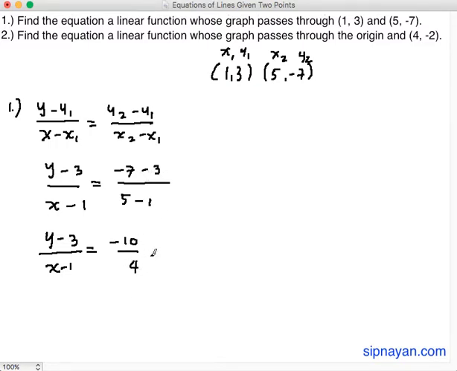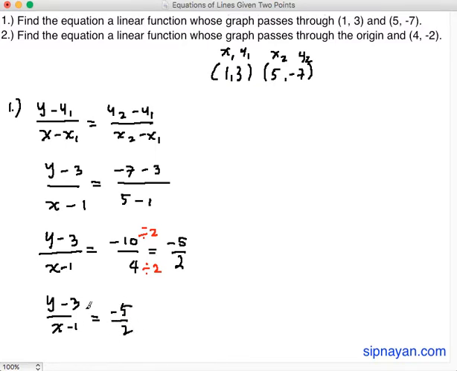Pwede na natin i-simplify ito: negative 10 over 4 becomes negative 5 over 2, dividing both the numerator and the denominator by 2. So, ang final equation natin magiging y minus 3 over x minus 1 equals negative 5 over 2.